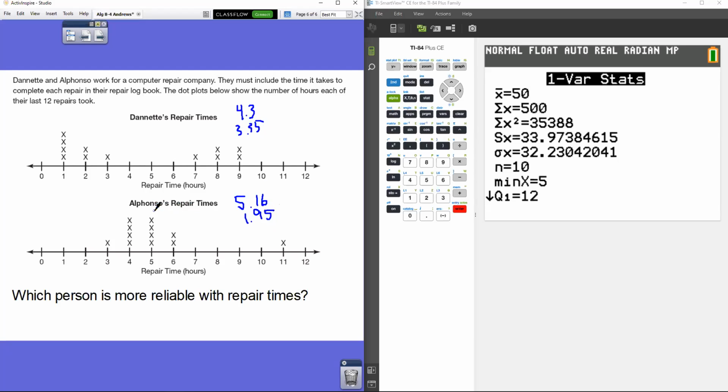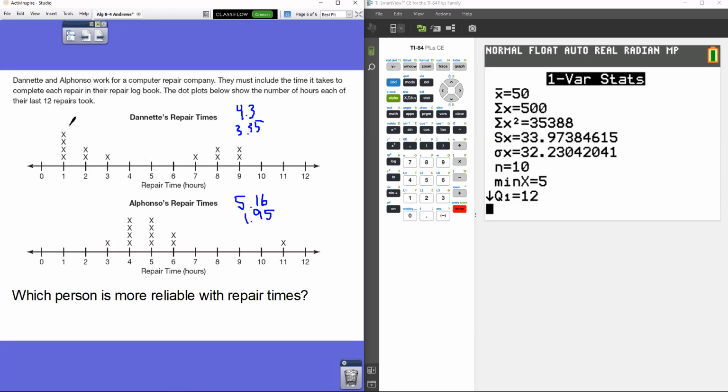So where Alfonso takes a little bit longer on average, because remember the mean is the average, he's more consistent with his times. Where Danette sometimes repairs it a little bit more quickly, but then other times takes a longer time. So she doesn't have a lot of data in the middle here.